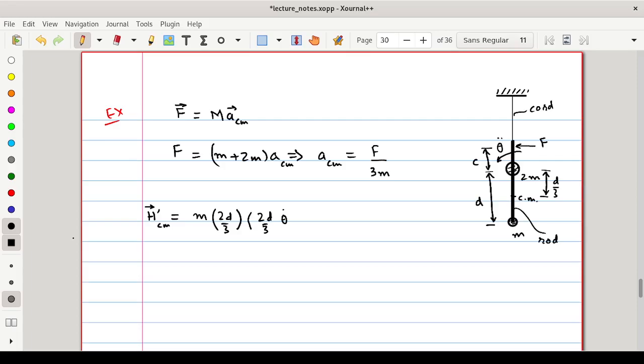Remember this is relative velocity with respect to the center of mass. If theta dot is counterclockwise, then v theta is equal to r theta dot, and r here is 2d over 3.